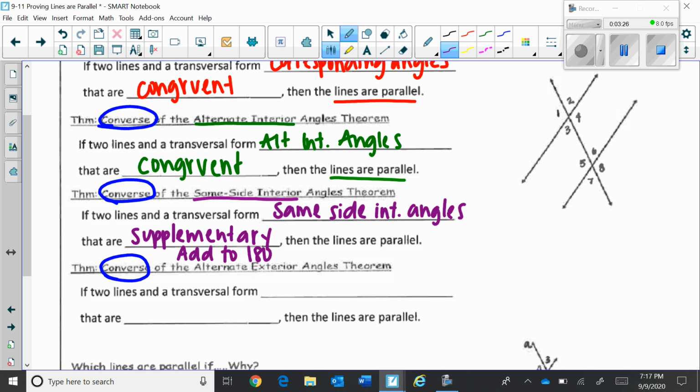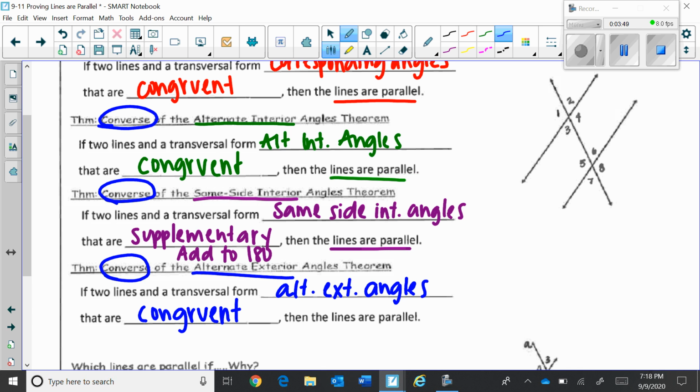If you see that your same side interior angles are supplementary, then the lines are parallel. And our very last one: if you see that you have alternate exterior angles, and you see that they are congruent, then those lines are parallel.